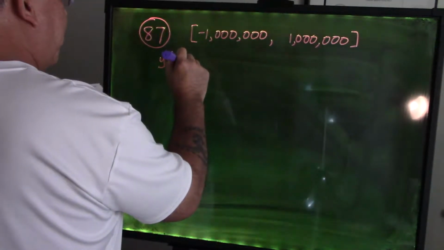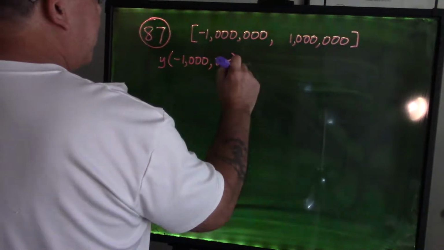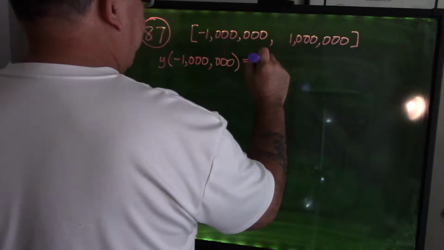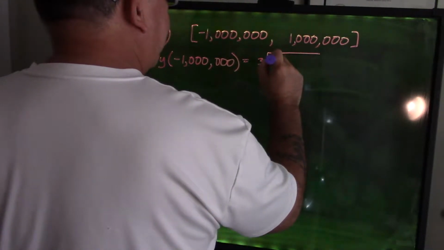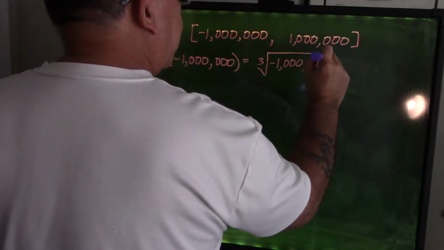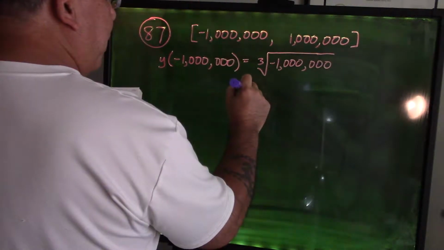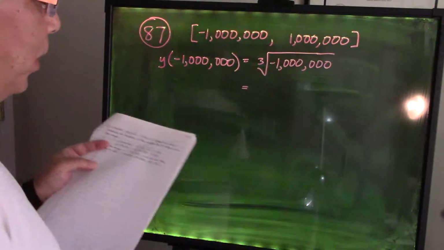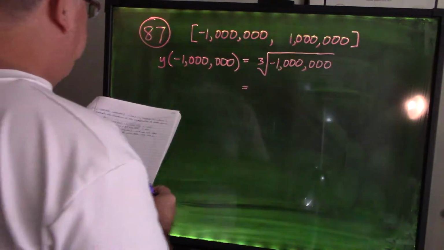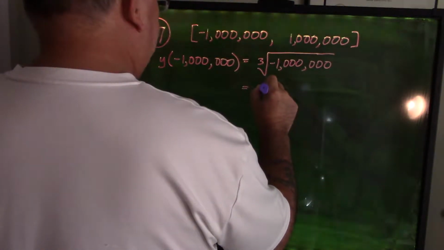So y of negative 1,000,000 is the cube root of negative 1,000,000. On your calculator you can put negative 1,000,000 to the 1/3 power, and that's equal to negative 100.